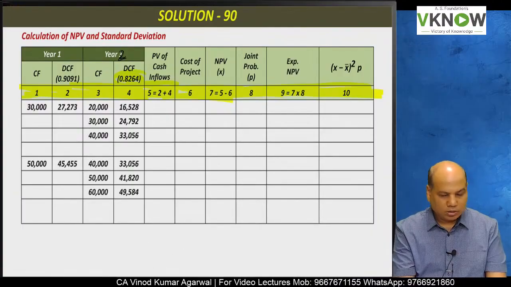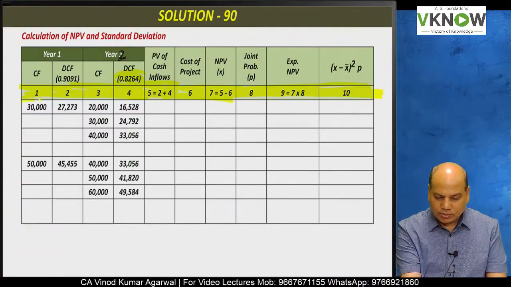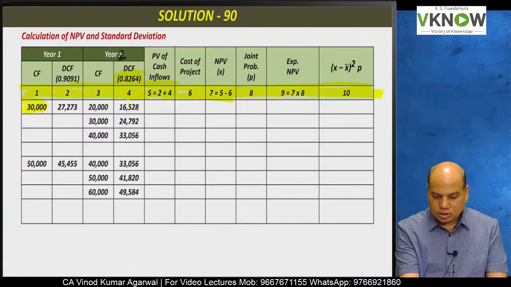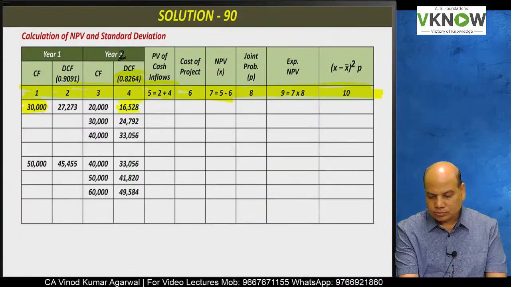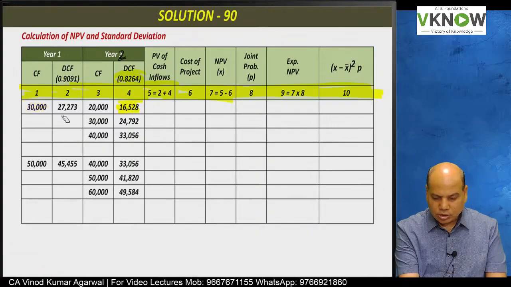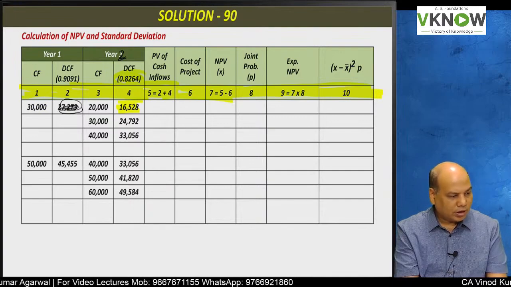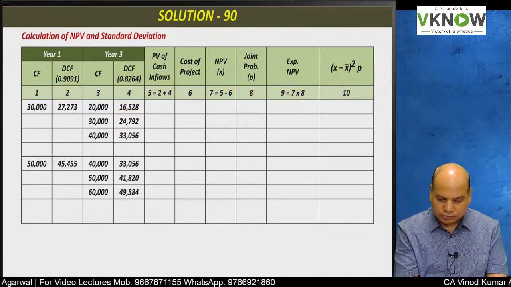Okay. Please add column number 2 and column number 4. Sorry, not 1 and 4, my mistake. Just a minute. Column number 2 and column number 4. These two numbers you will add. Anybody first answer?